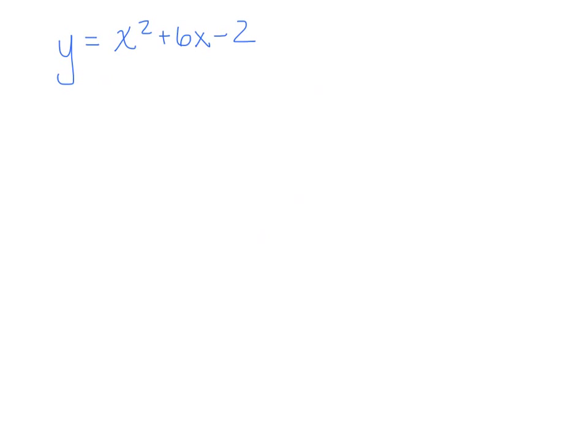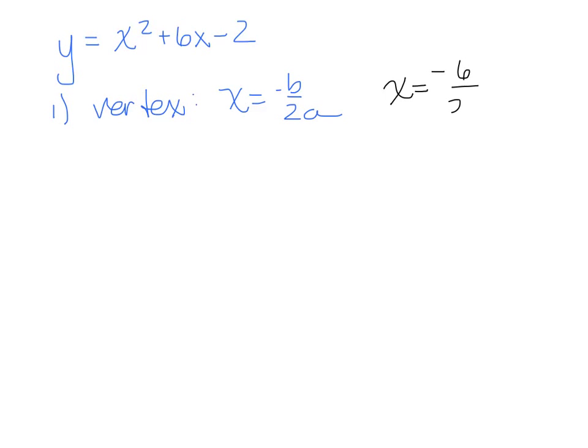Okay, so here's a quadratic function. I wrote it with a y equals. And I want to find the vertex. Well, the vertex x is equal to minus b over 2a. And in this case, that will be x is equal to minus 6 over 2 times a, which is 1.